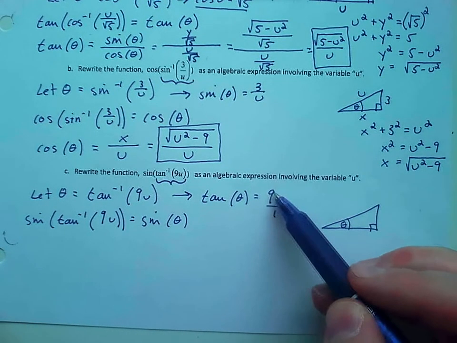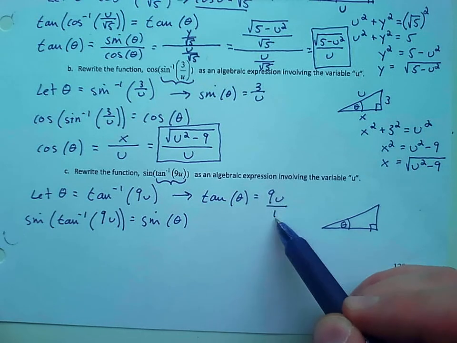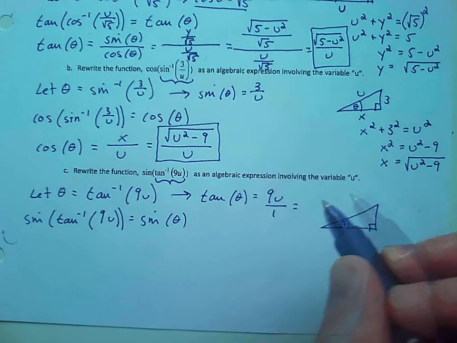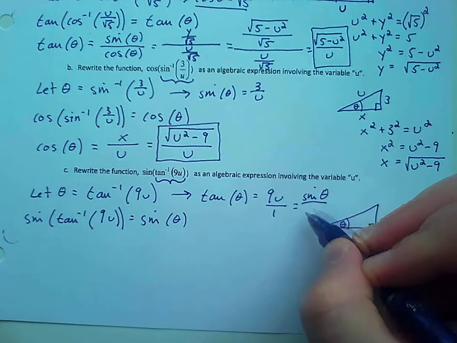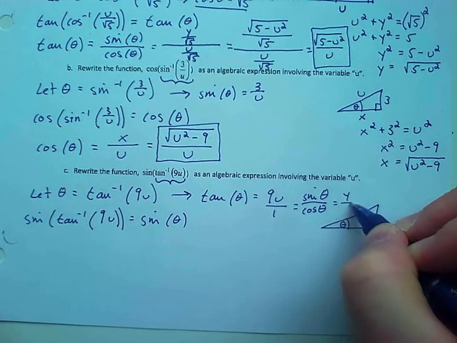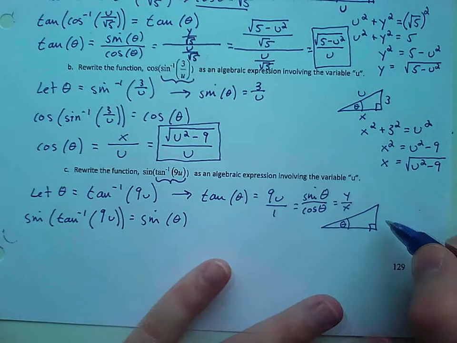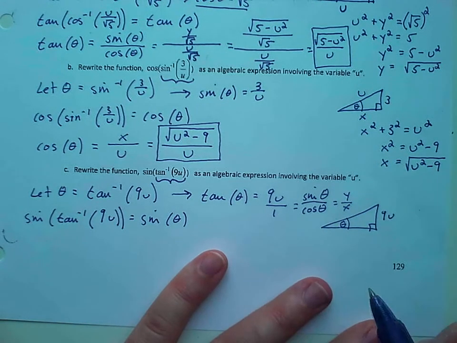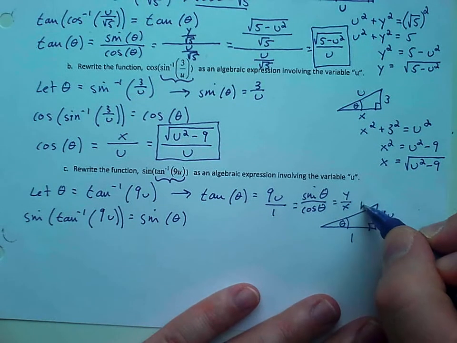So let me rewrite that. We can write this as 9u divided by 1. And we know that the tangent is the same thing as the sine of theta divided by the cosine of theta, which is just our y value divided by our x value. So therefore, our y value we can consider to be 9u, and our x value we consider to be 1.